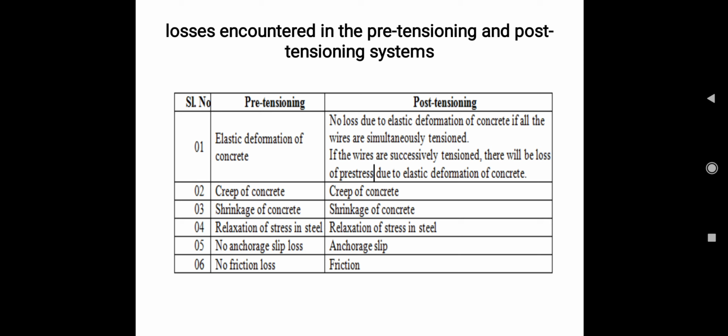Similarly, there is a loss due to relaxation of steel in both cases. In a pre-tensioning member, the loss of prestress due to anchorage slip is zero, whereas the loss due to anchorage slip occurs only in post-tensioning members. Similarly, in pre-tension members, the loss due to friction is zero, and the friction loss occurs only in post-tensioning members.